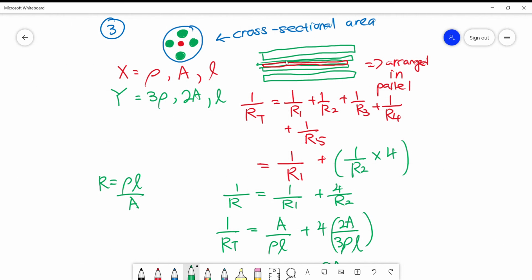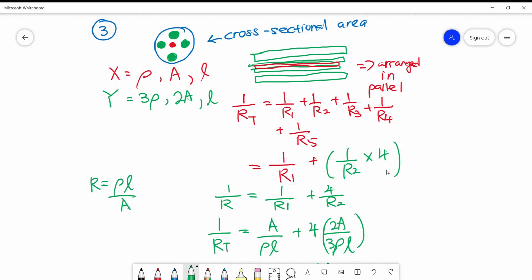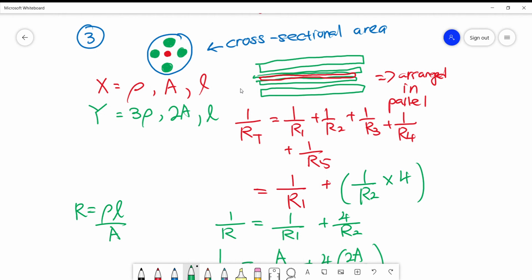If we are able to find out the arrangement of these wires, then we can find out the total resistance possessed in this big set of wire. What we need to be cautious about is the arrangement of these 5 wires.